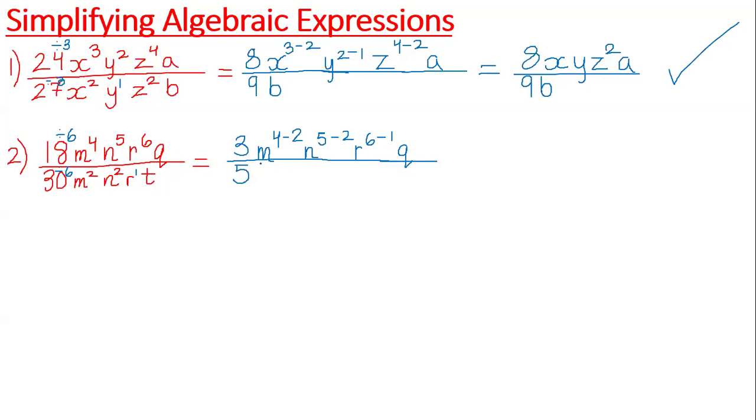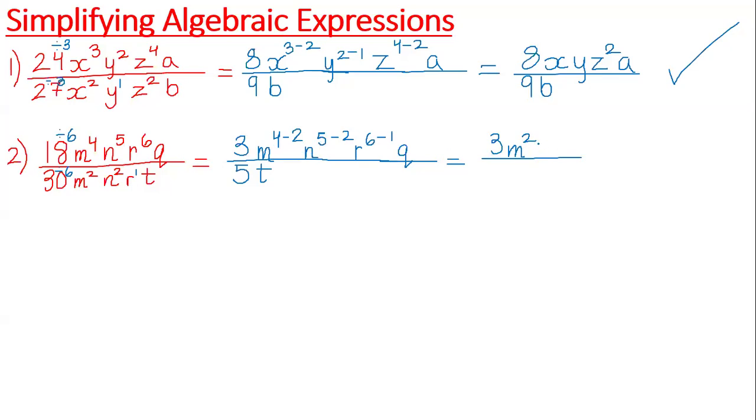All right. Does that make sense? Perfect. So now we're just gonna subtract. What is 4 minus 2? 2. So it's gonna be m to the power of 4 minus 2, which is just m squared. And then we have n to the power of 5 minus 2.